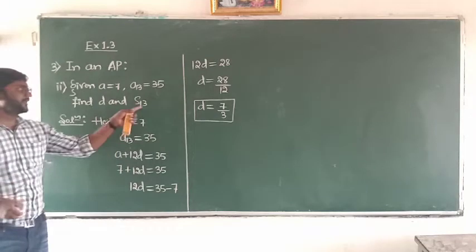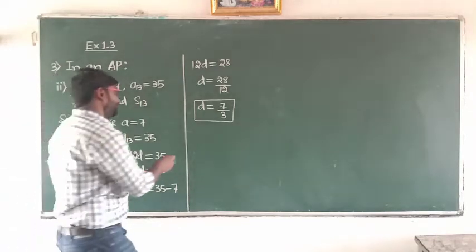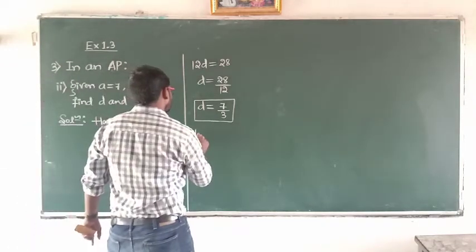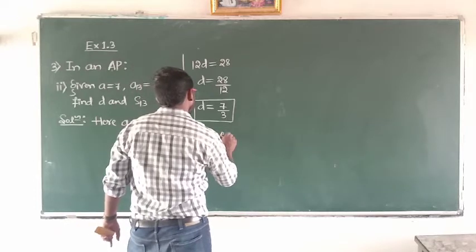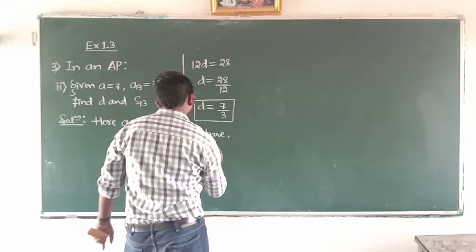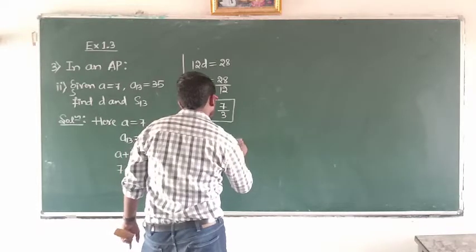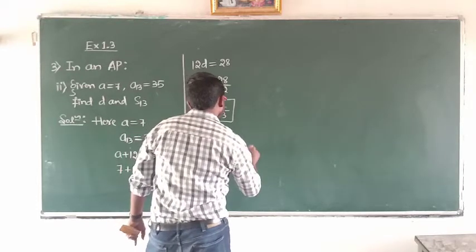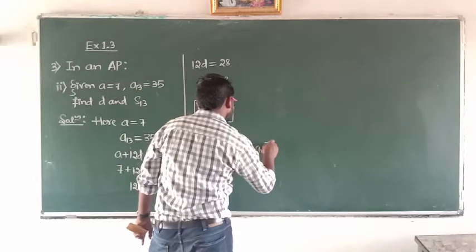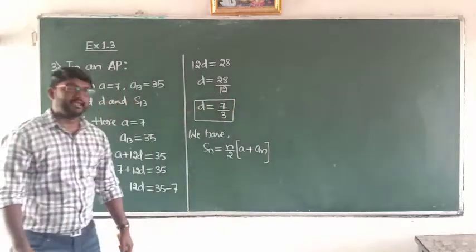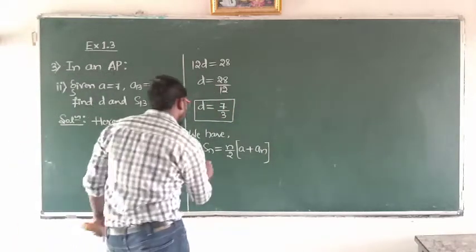Next we will have to calculate S13. We have Sn equal to N by 2 into (A plus An). What is the N value here? It is 13.